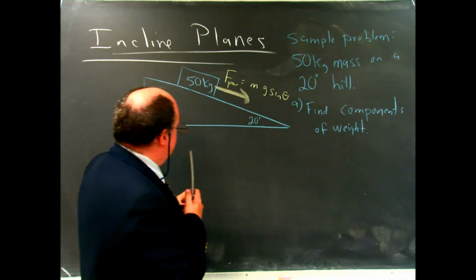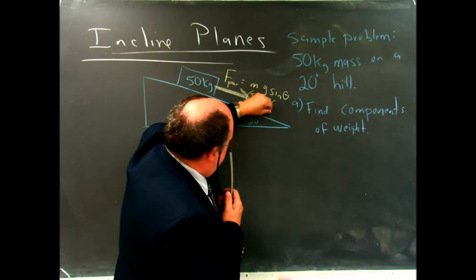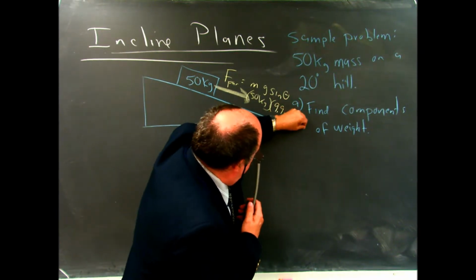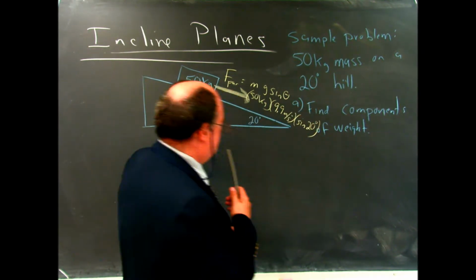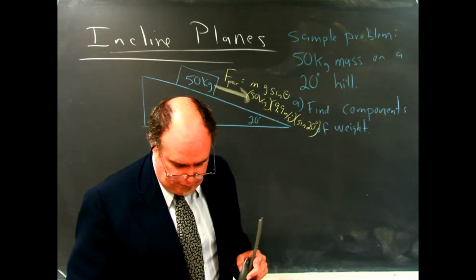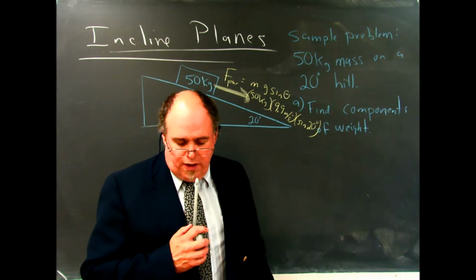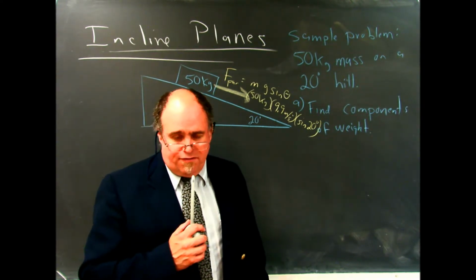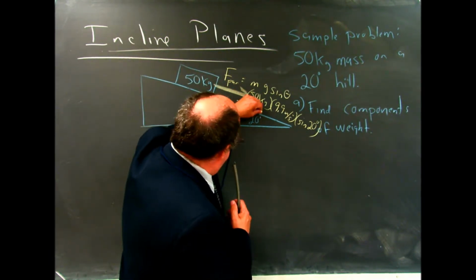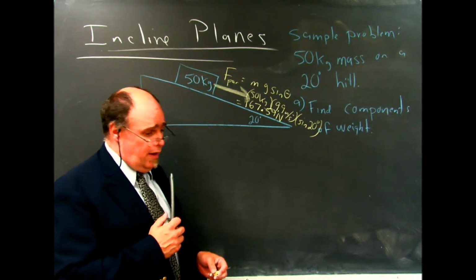So if I plug that in, it would be 50 kilograms times 9.8 times the sine of 20 degrees. And if I plug that into my calculator, it comes out to be 167.59 newtons.